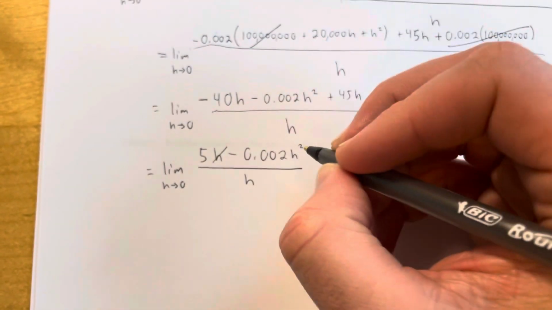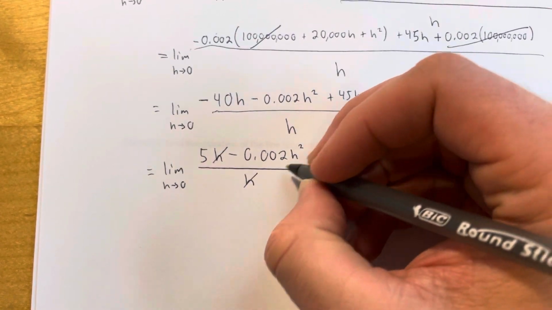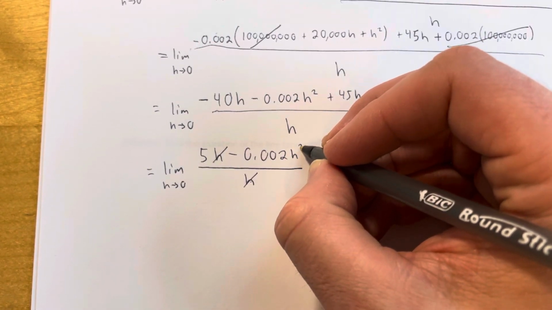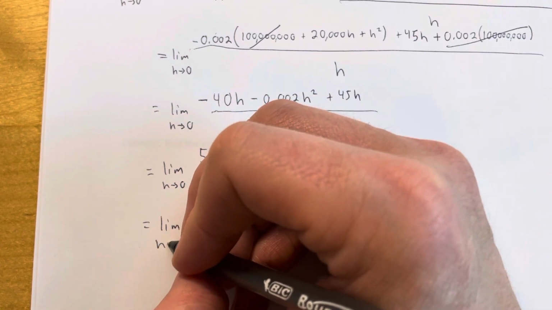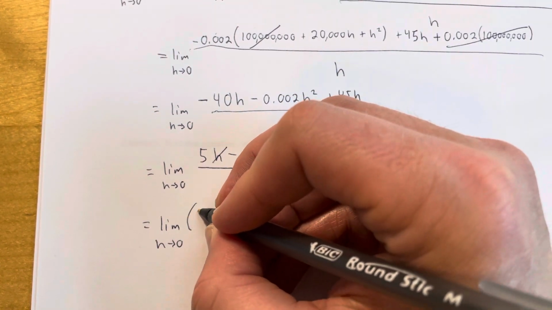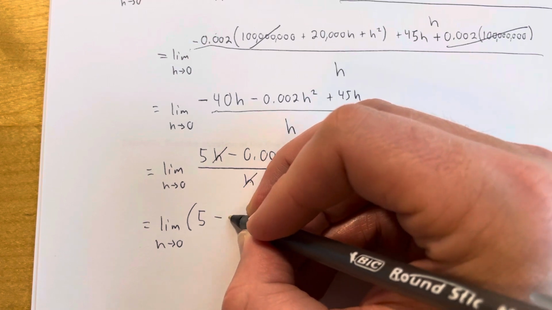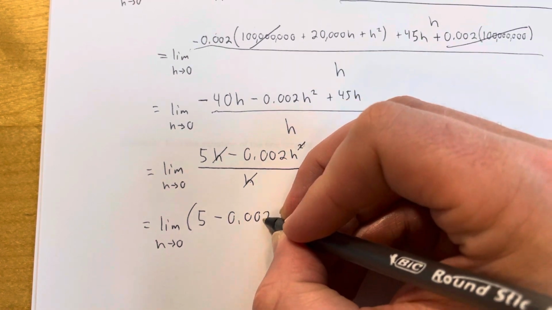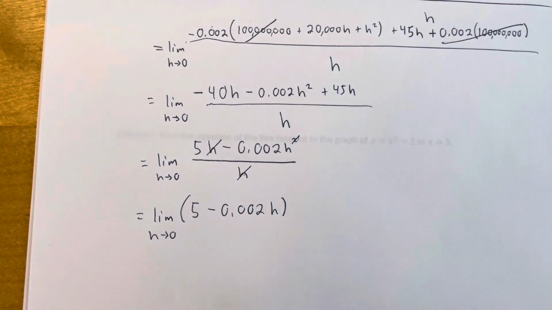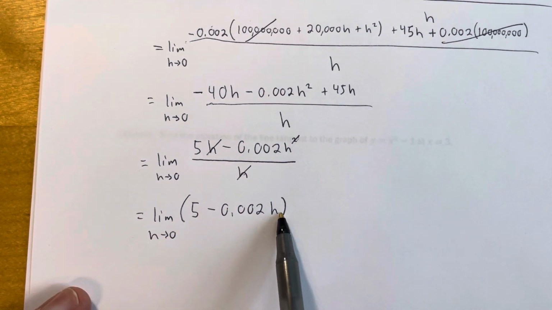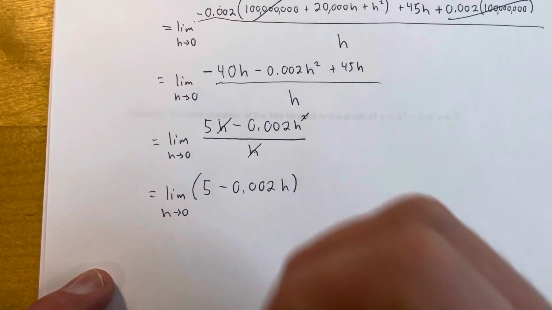So this h and this h cancel, but this also has to cancel with that guy, and I'm going to lose one of those h's, leaving me with the limit as h goes to 0 of 5 minus 0.002 h. Here is the final step, because I can plug that 0 directly in for h. That term goes away. I get a 5.